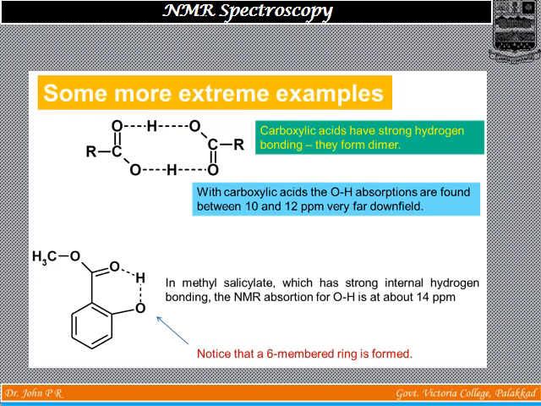Another beautiful example is methyl salicylate. See, from the structure itself, you can see that there is very good hydrogen bonding, and it forms a 6-membered transition state like structure.